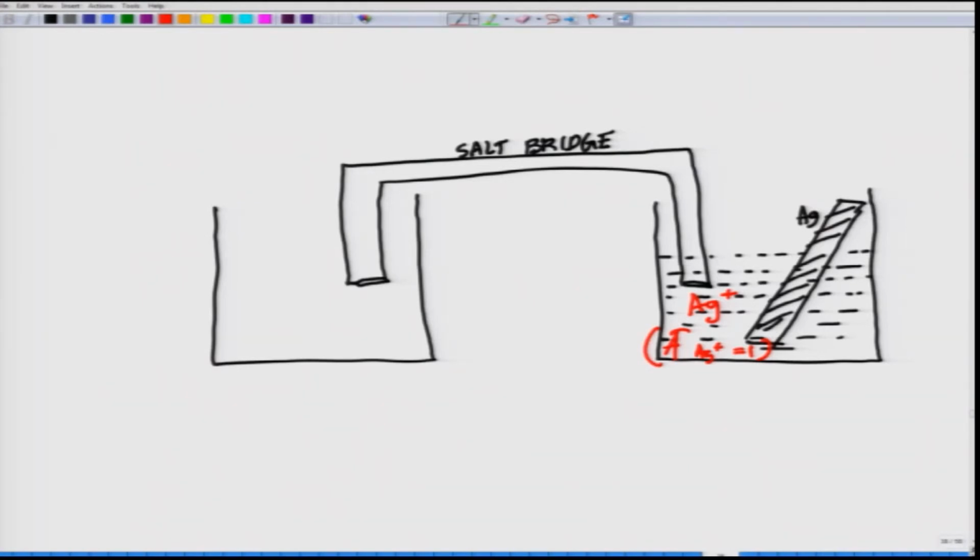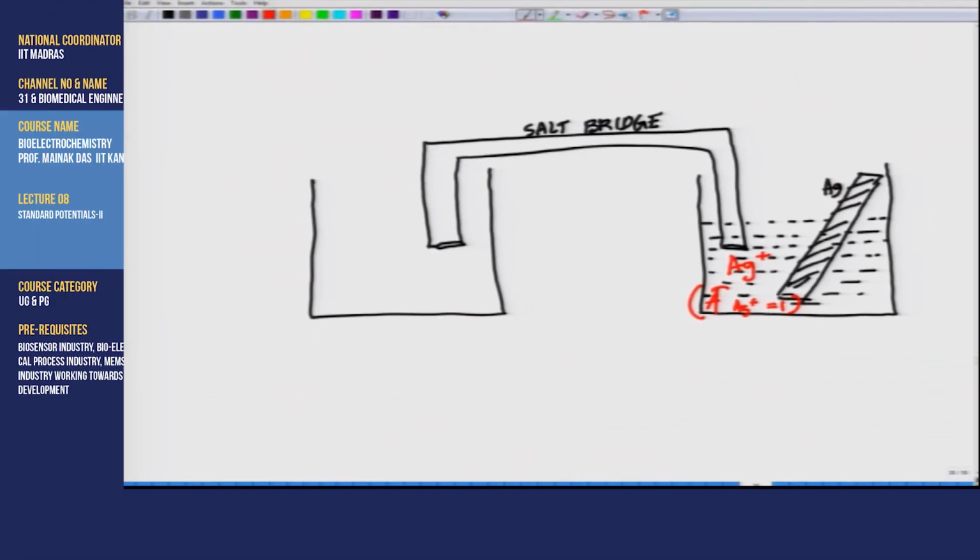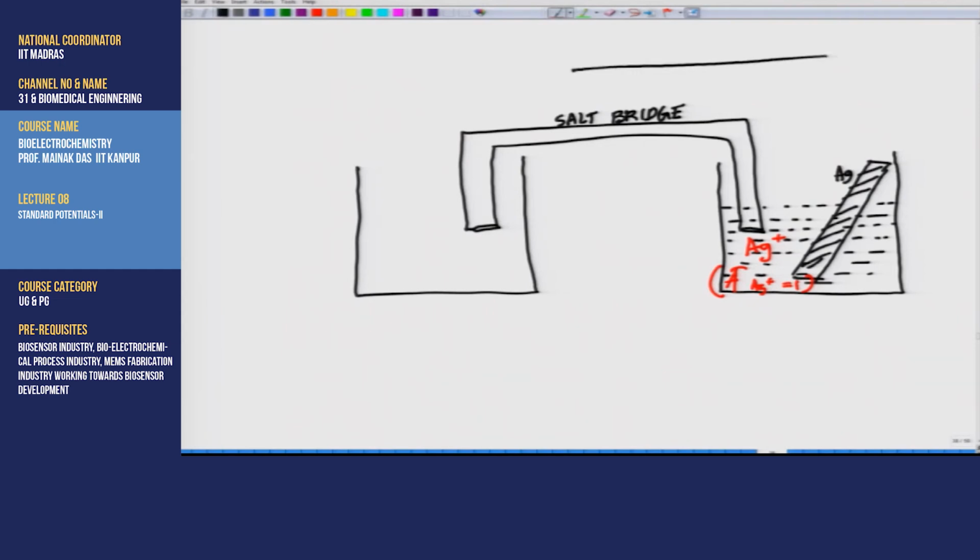On the other side we have the voltmeter sitting here, which is the positive terminal of the voltmeter.